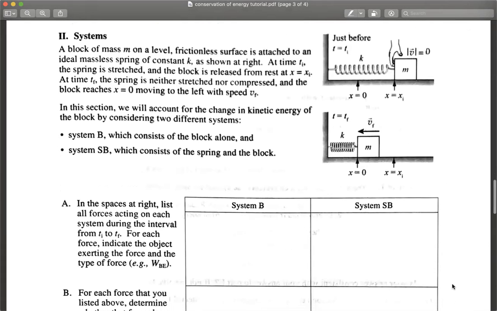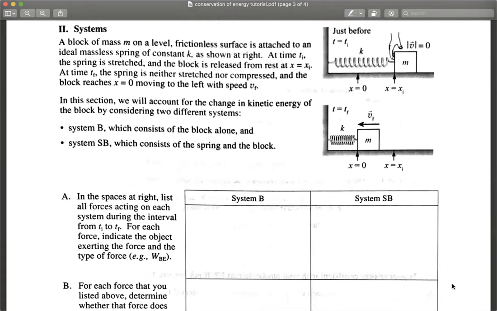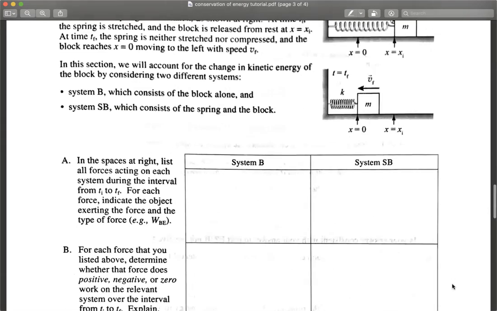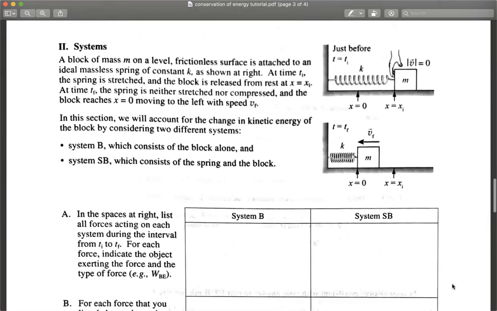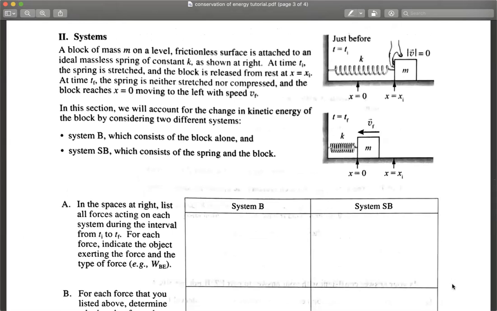Okay, so I want to start here. This is looking at the blocks as a system, whether you want to define your system as just the block or the block plus the spring. The thing I want to point out is that what you choose to look at as your system will define what kinds of external work you may have.